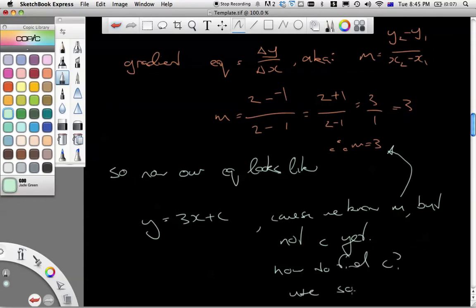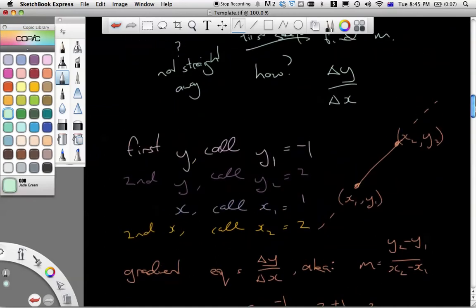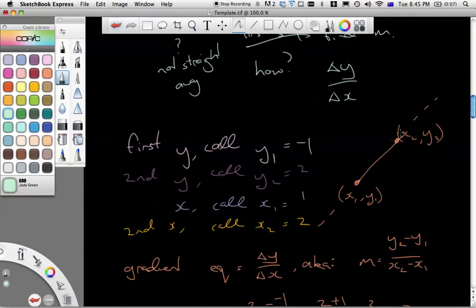Use some points. The point here is that we've got an equation and we know that our line has to obey this equation, right?